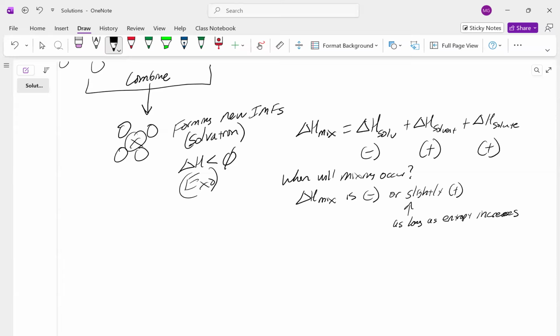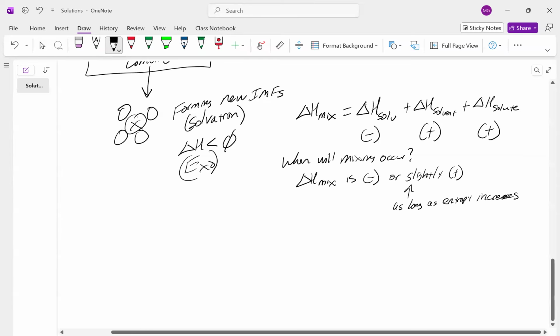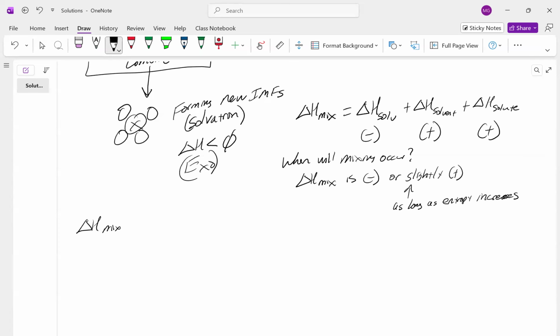I won't go much more into that. And the way we get the delta H of mixing to be more negative is with stronger solvent-solute intermolecular forces. The stronger those are, the stronger the solvation is, then the more negative that delta H is going to be.